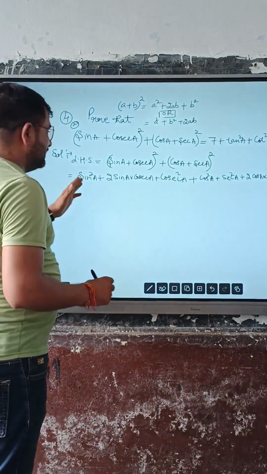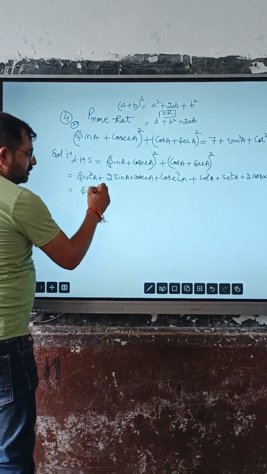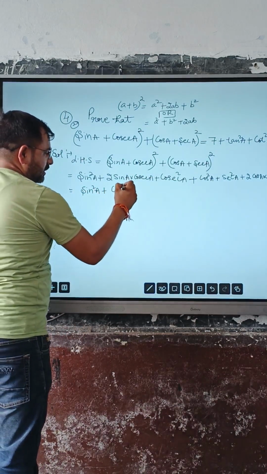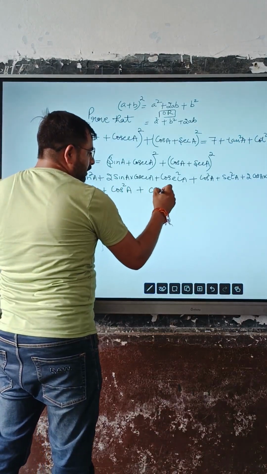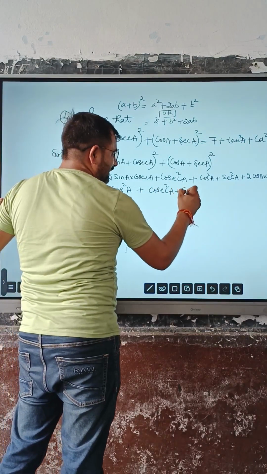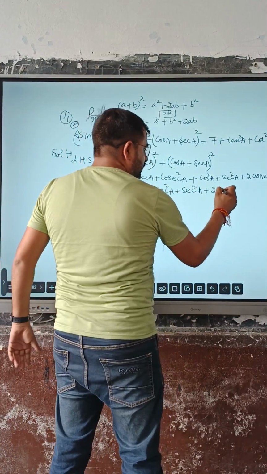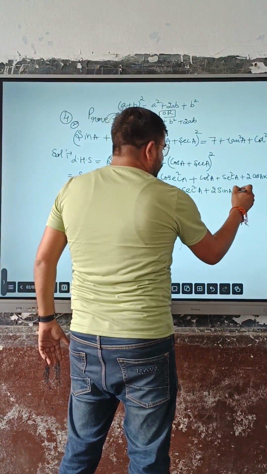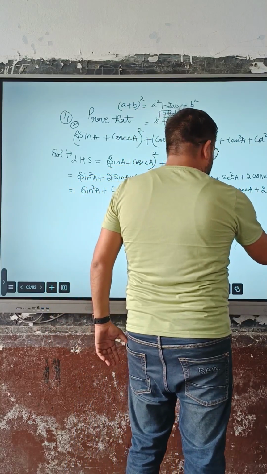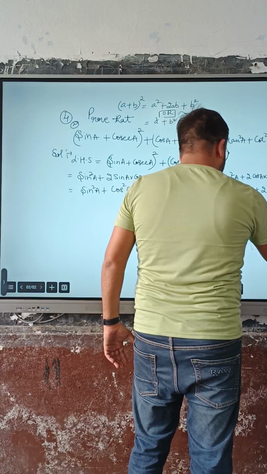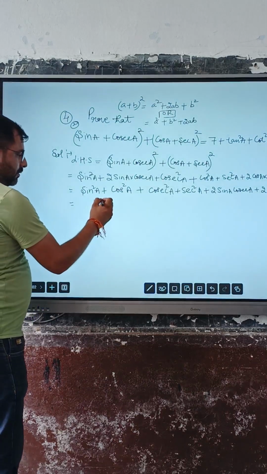Now sin square and cos square: rearrange the terms. Sin square plus cos square plus cosecant square plus secant square plus 2 times sin a into cosecant a plus 2 times cos a into secant a. So sin square plus cos square is 1.